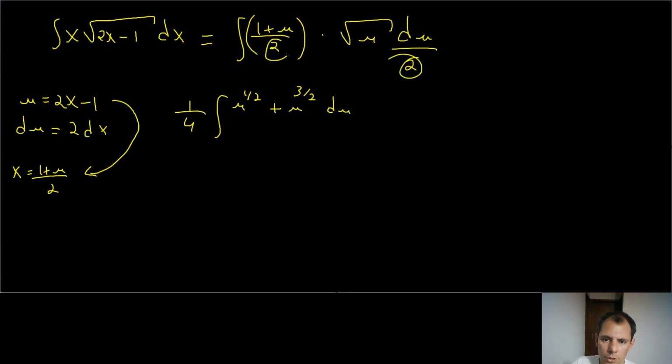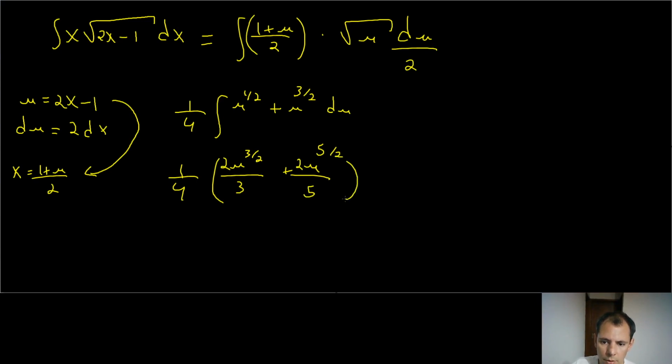This 2 and this 2 already join them up, and I got the 4 here. So just integrate that, so you have 1/4 times, and it's u to the 3/2 divided by 3/2, so it's multiplied by 2/3, plus u to the 5/2 times 2/5. That's what you have.